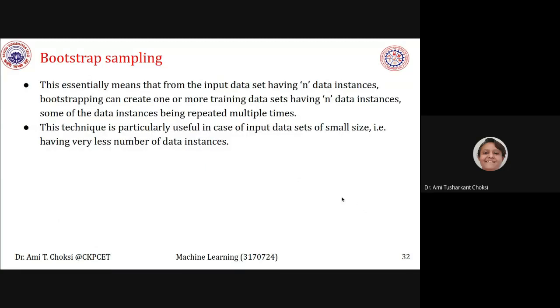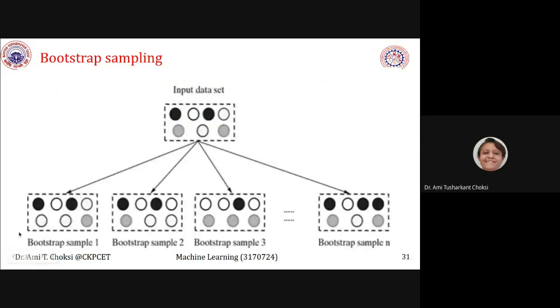This essentially means that from the input data set having n data instances, bootstrapping can create one or more training data sets having n data instances, some of the data instances being repeated multiple times, right? As we have seen here, white, here also white, here gray, and here black, right?